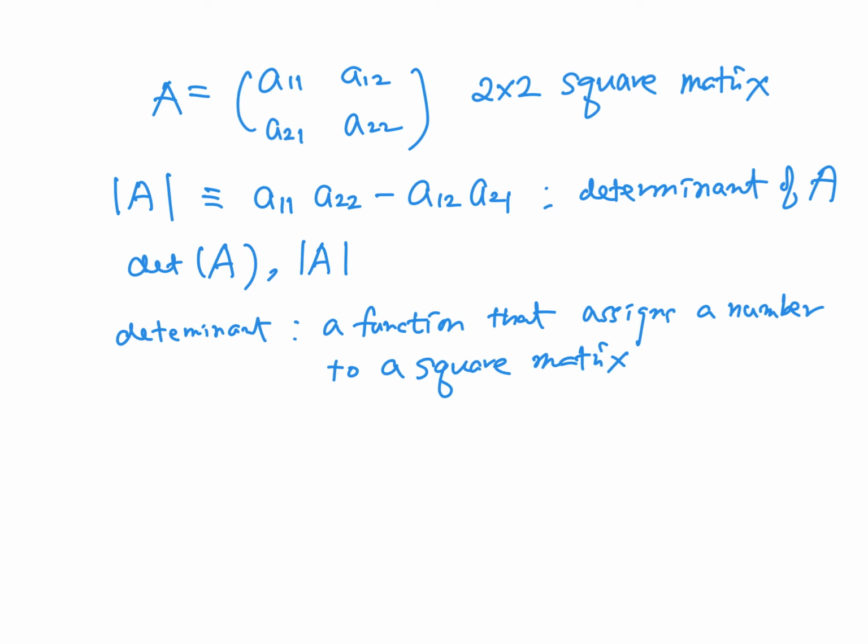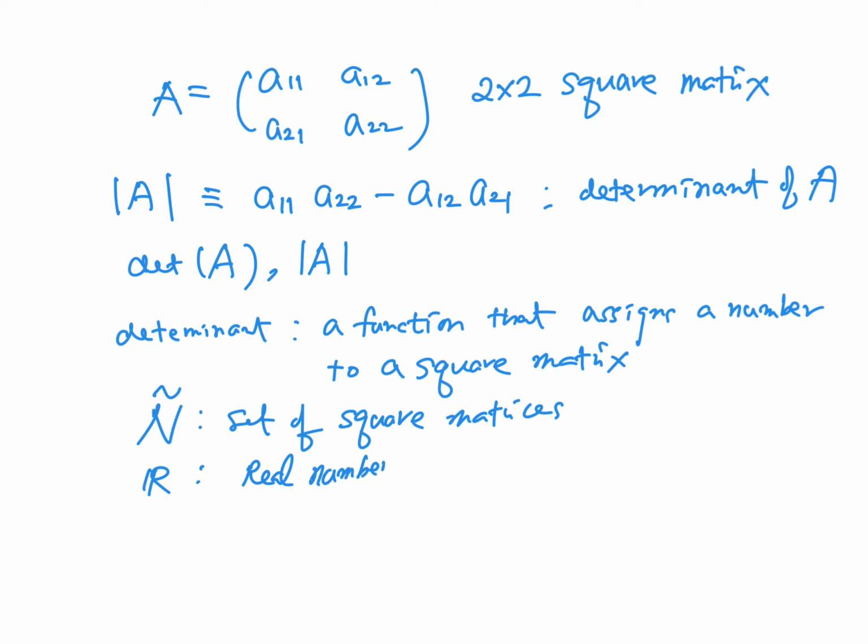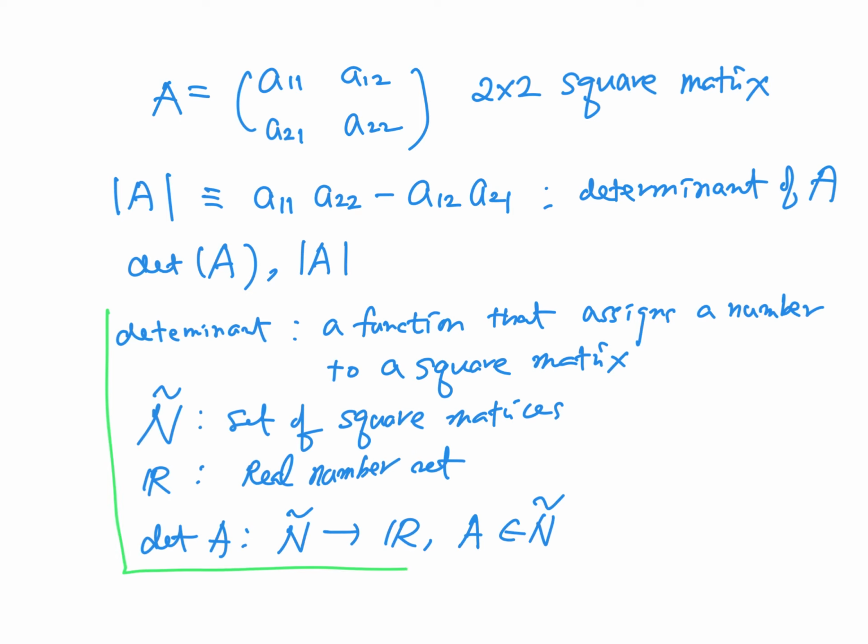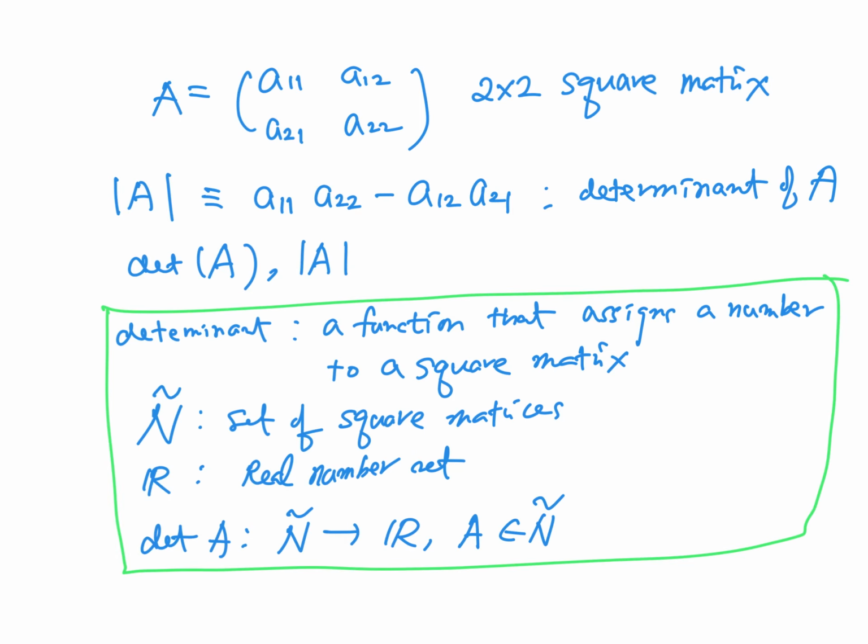So if we define N as a set of square matrices, and this is a set of real numbers, then determinant of A can be defined as a function to R, A belongs to N. So we can actually define determinant as a function that assigns a number to a particular square matrix.